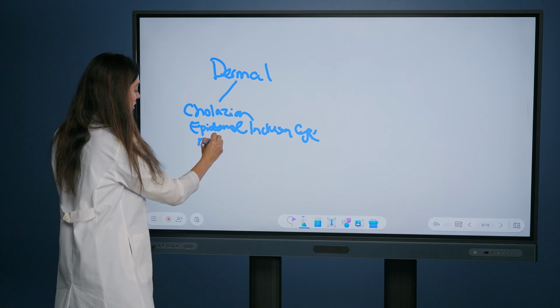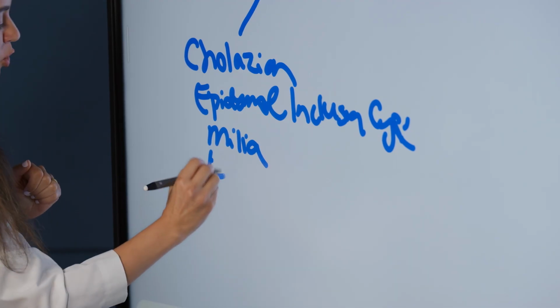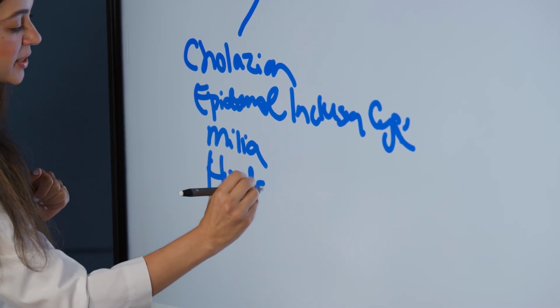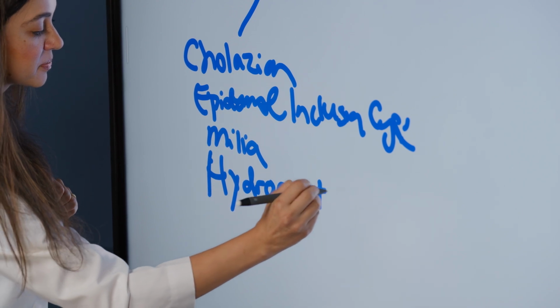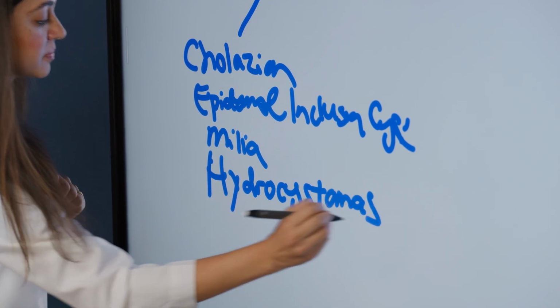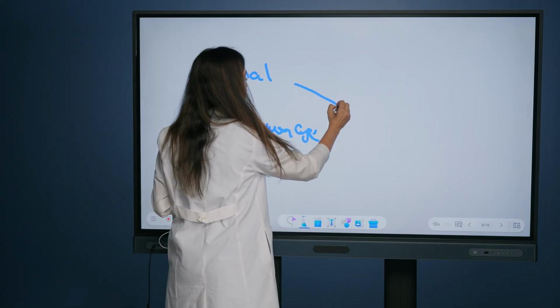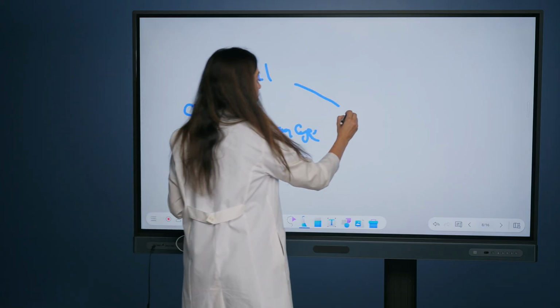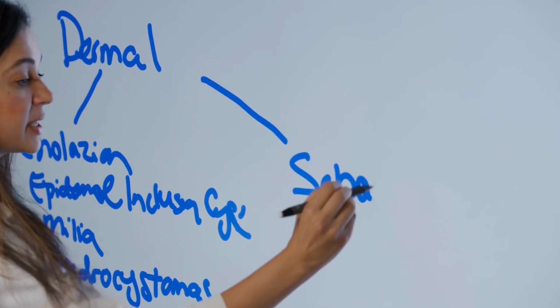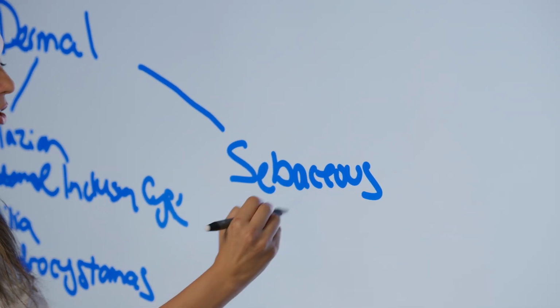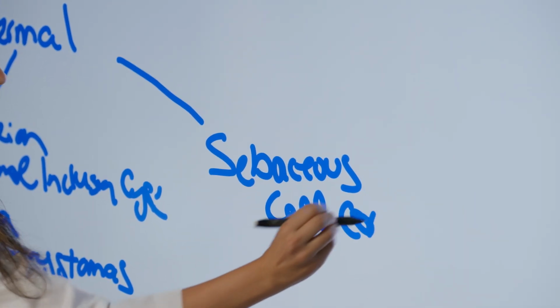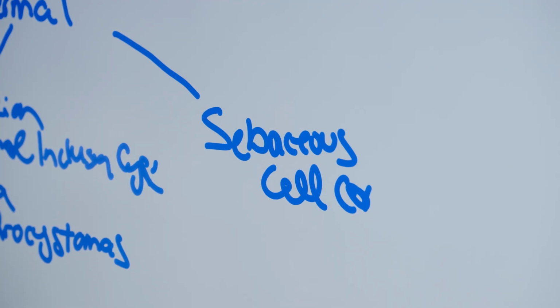A subset of that is going to include the milia. And then we're going to be discussing hydrocystomas. And then there are also malignant lesions that arise from the dermis. And importantly, you don't want to miss this either, sebaceous cell carcinoma. And we'll show you a description of that here shortly.